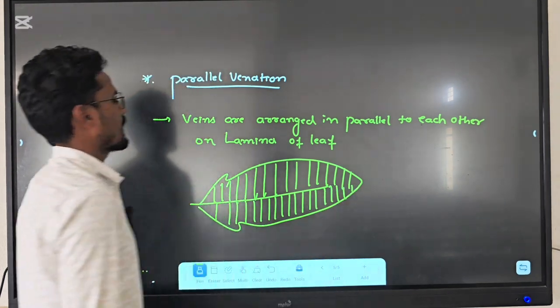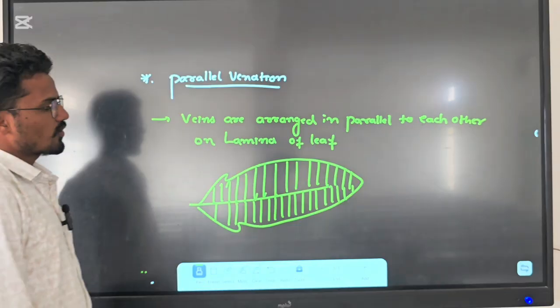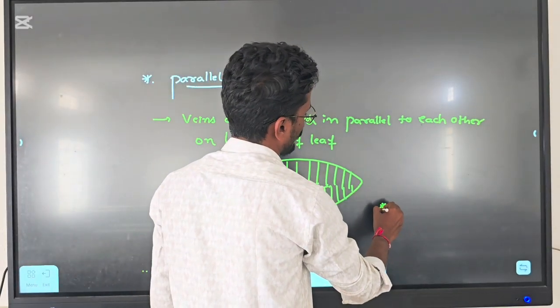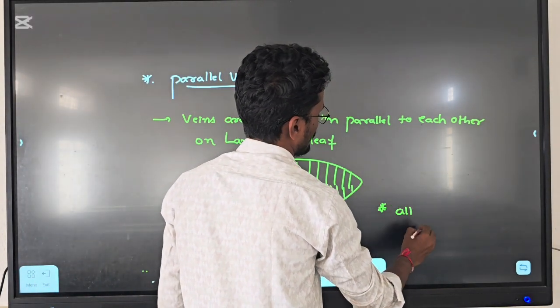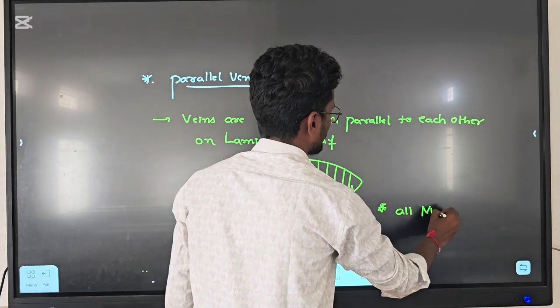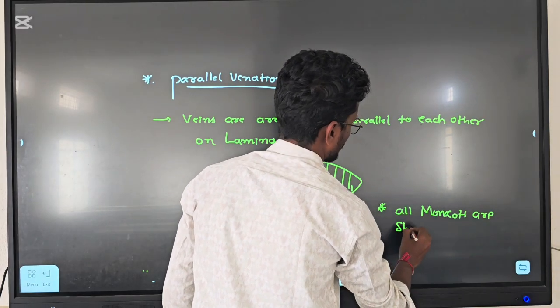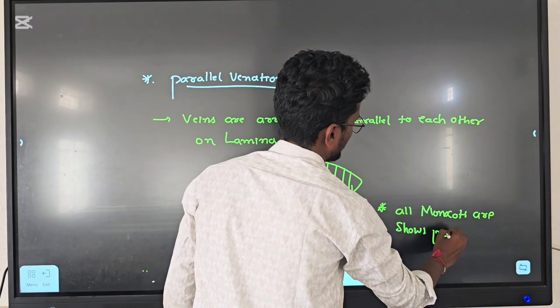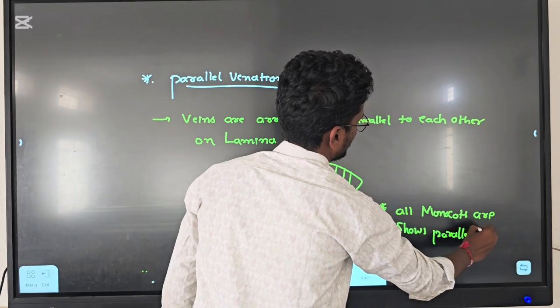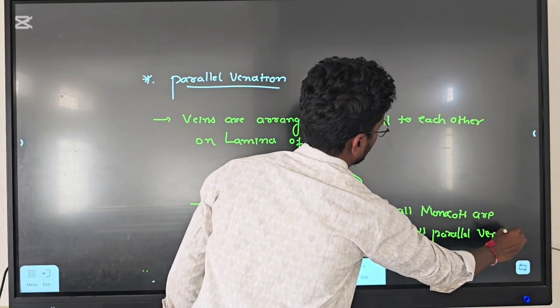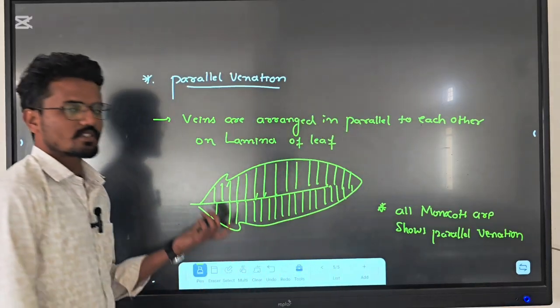Examples of this are all monocots. All monocots show parallel venation. This much is clear now.